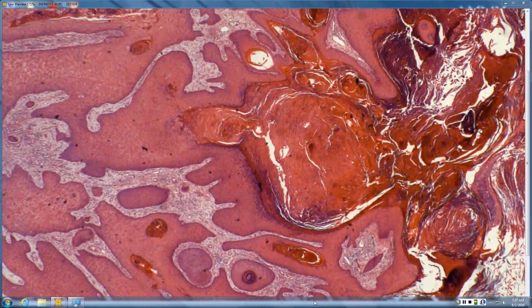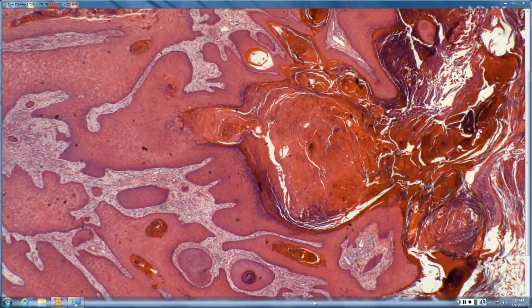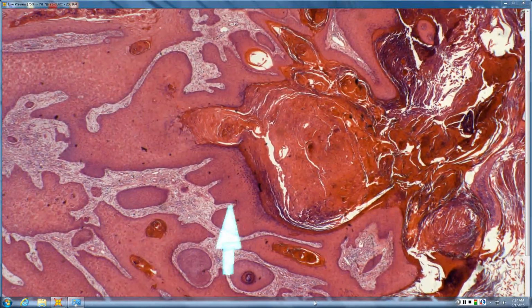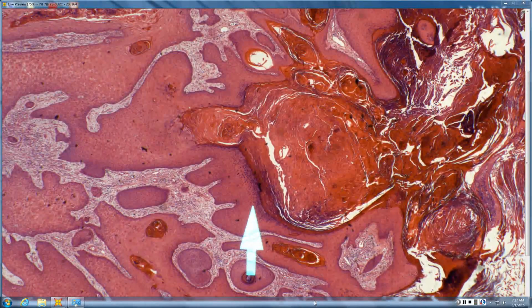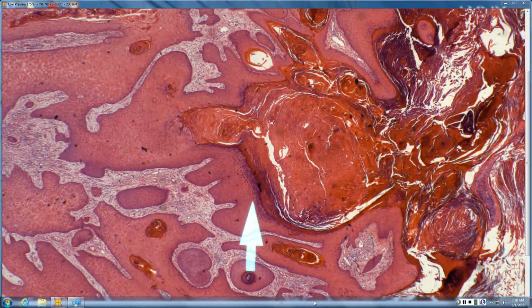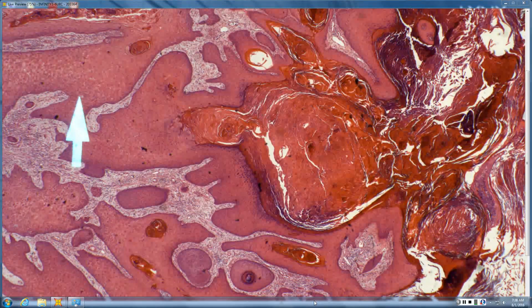So crateriform, no acantholysis, which is important because that's an absolute disqualifier for KA. Hypergranulosis is where? Towards the center of the lesion, whereas in SCC, hypergranulosis is only at the periphery of the lesion. So hypergranulosis in the center is good for KA. What are all of these little amphophilic areas here?